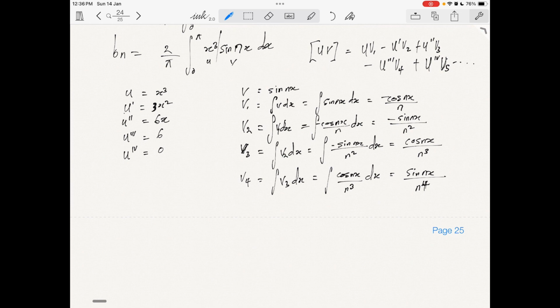Now the next thing to do is to follow and solve bn. bn is 2 over pi.